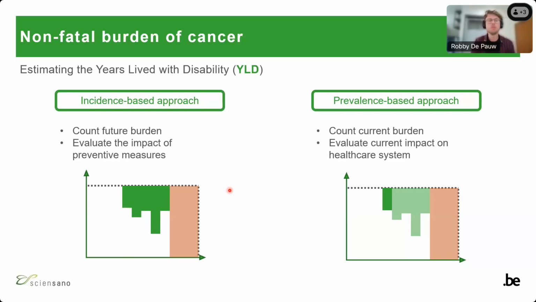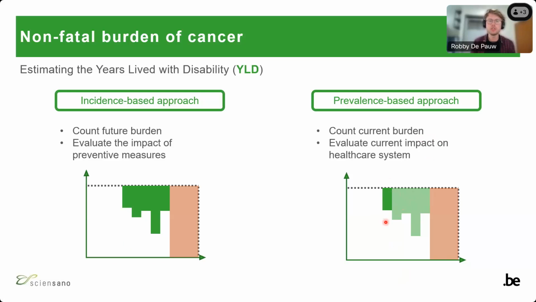So the future burden related to the fact that you had a cancer diagnosis in an initial year at an initial age. This is of course very different from the prevalence-based approach, where we try to count only the current burden, so the burden in a specific year. Now you can see that this part is also made a bit transparent, because it's also not included in the burden estimates, which is prevalence-based.